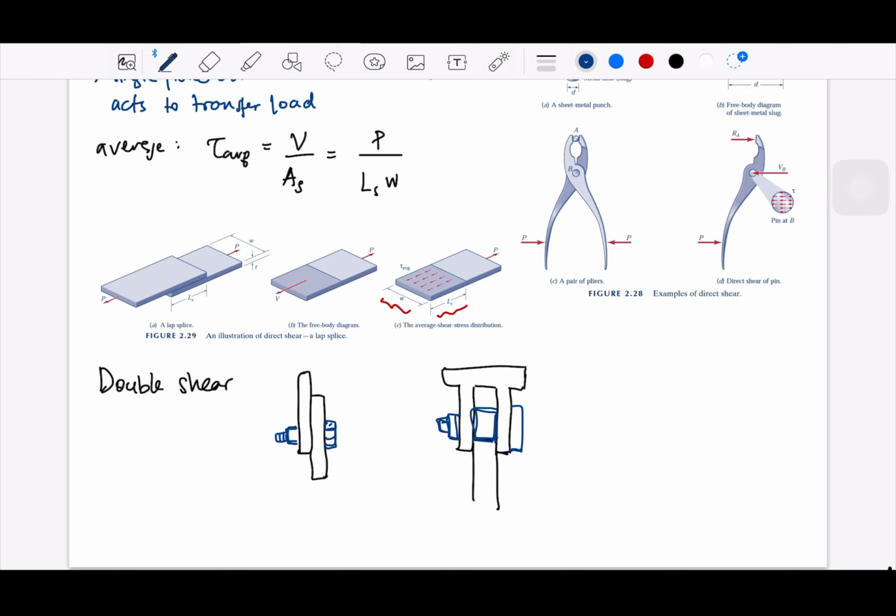You will see that this one is just one-way shearing, while this has two shears, double shear. I hope my drawing is clear. Imagine if we pull this, it goes there, pulling over there, and pulling over there.